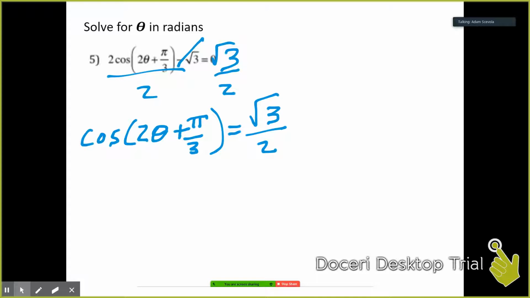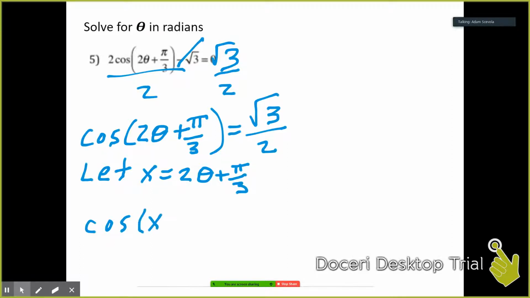So now, let's make our life easier for a second and break this up into two smaller problems. Let's let x equal 2 theta plus pi over 3 for a second. All right, and we'll substitute that in.